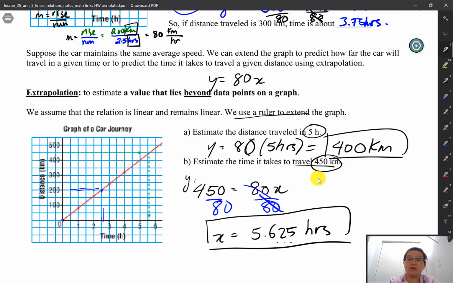And that's the beauty of your slope y-intercept equation model for your linear relationships, because it gives you a great tool to analyze your graph at a more precise level compared to just using lines and a ruler on a graph.